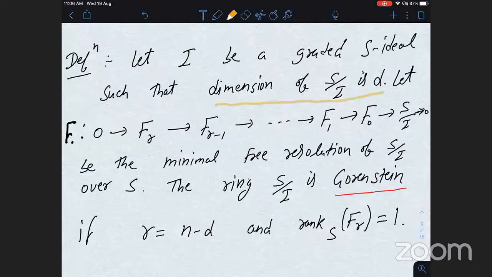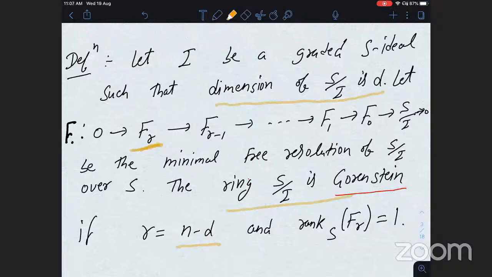Let F be a minimal free resolution of S mod I over S. Then the ring S mod I is Gorenstein if, in my minimal resolution 0 to F_r to F_{r-1} and so on to F_1 to F_0 to S mod I, this number r is equal to n minus d, where n is the number of variables in my polynomial ring S and d is the dimension of S mod I, and the rank of the free module F_r over S is equal to 1.